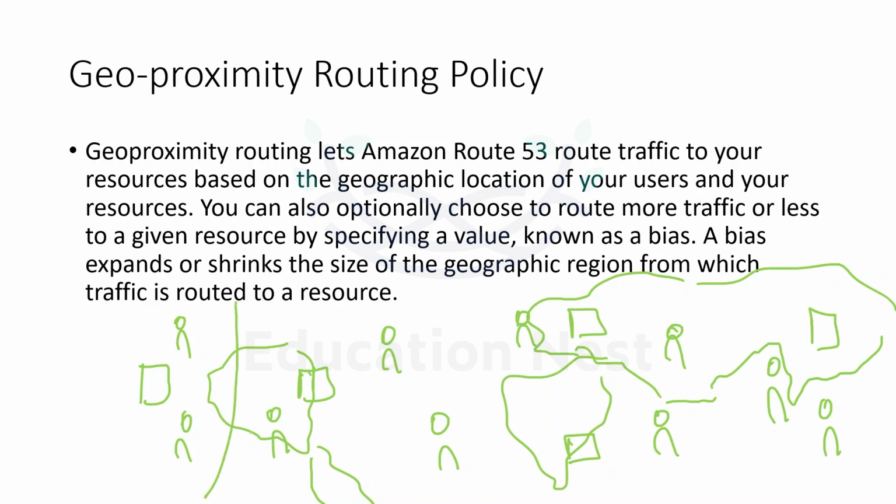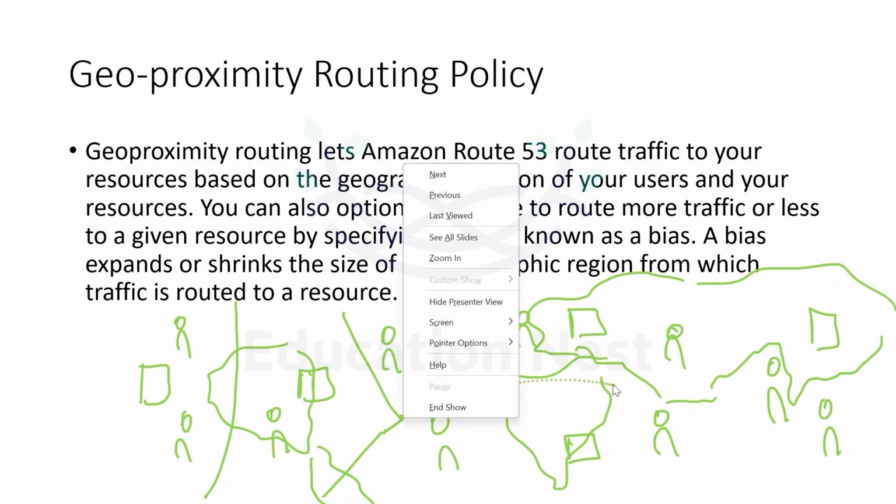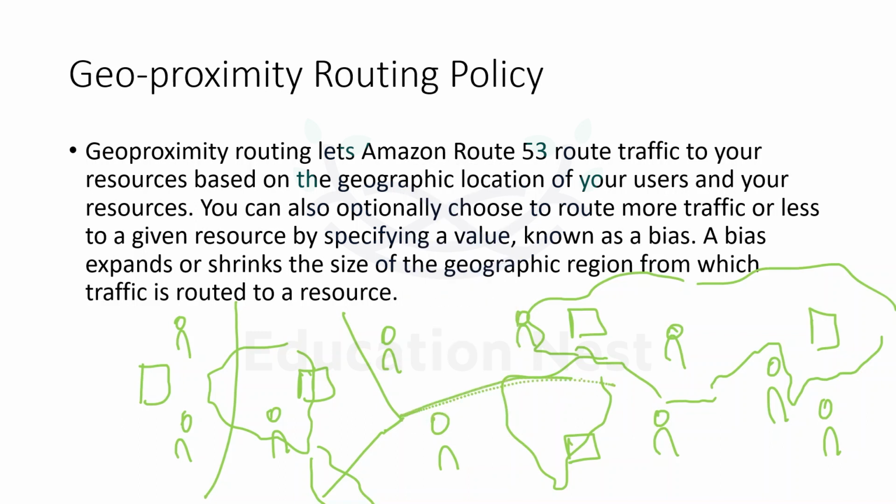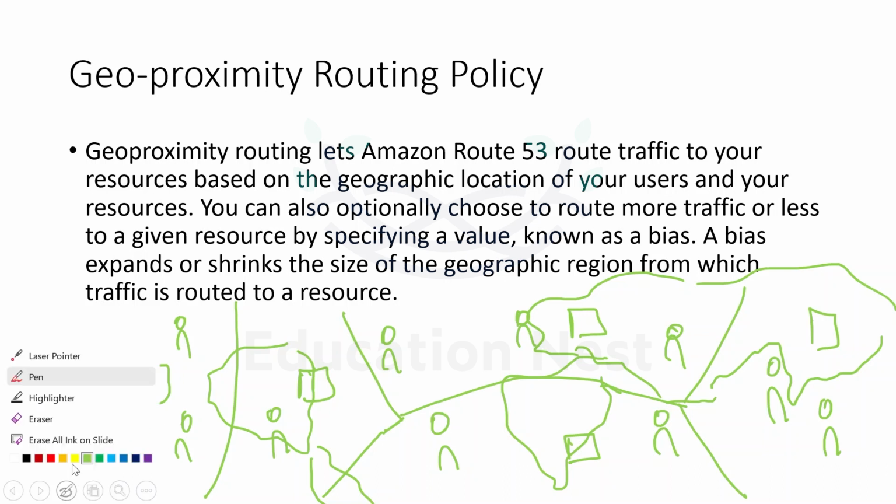For example, this is one geographical region. Then we have this geographical region, this much. Then we have this geographical region like this. Now what will happen in this particular case?